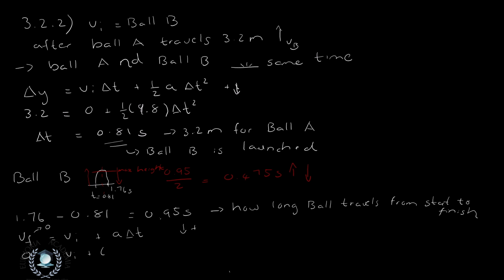We know our acceleration is 9.8, and our delta t is the time it's going to take to go up, 0.475 seconds, which will give us a Vi of negative 4.66 meters per second. We can just write 4.66 meters per second going up.